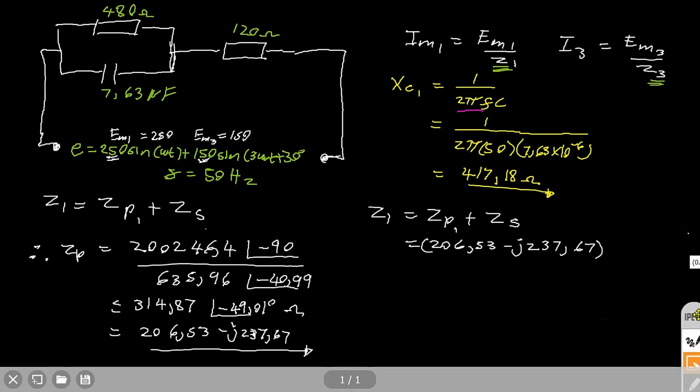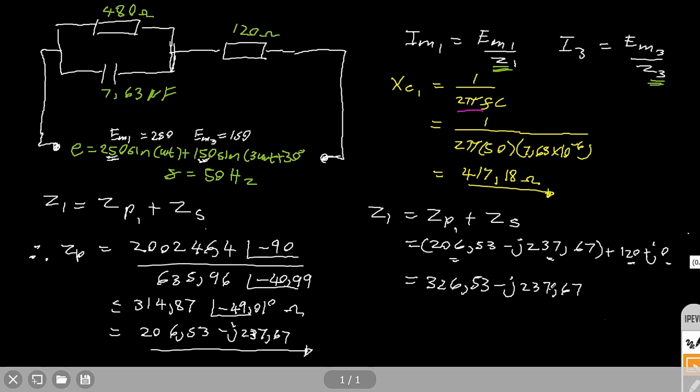So what is our Z series? Our Z series is 120, so this is 120 plus j0. You add this to the Z parallel: that number you're going to get is 326.53. And then the imaginary part, this number plus 0, you just get negative j 237.67, right?